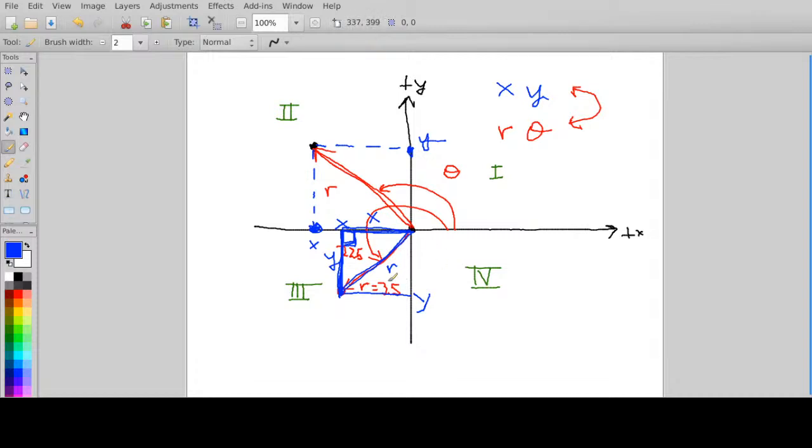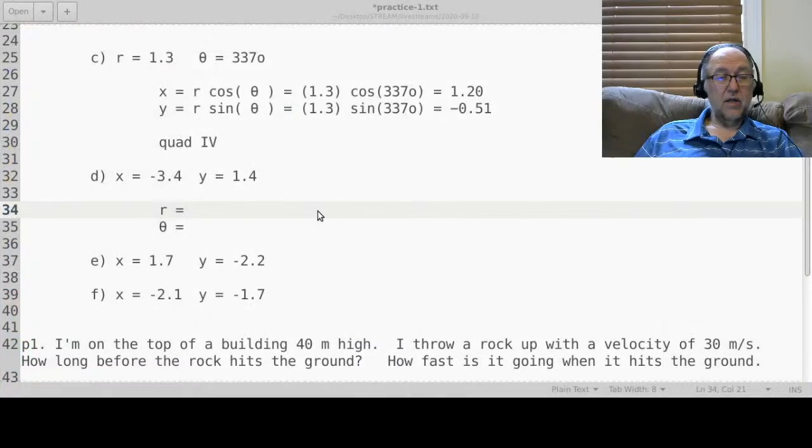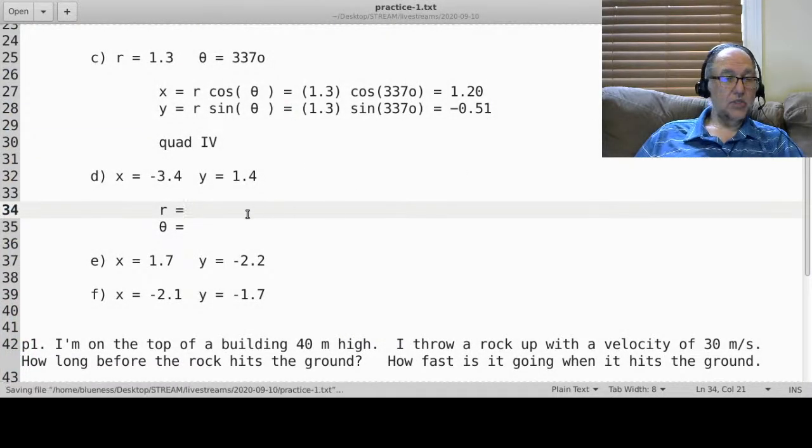My diagram is a mess right now, but the polar coordinate r is basically the hypotenuse, where the other two sides are x and y, so they form a right angle triangle. The hypotenuse of a right angle triangle is related to the other two sides by the Pythagorean theorem, which says that r is equal to the square root of x squared plus y squared.